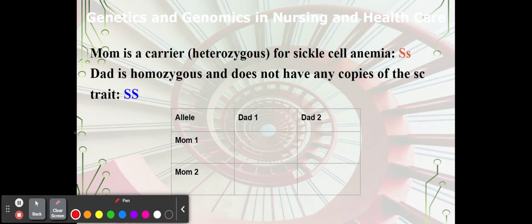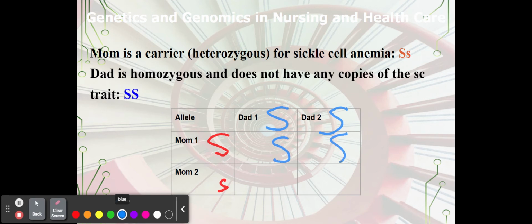So we have a mom, she's heterozygous for sickle cell anemia. She's got a big S, and that's normal hemoglobin, and she's got a small s, and that's the sickle-shaped hemoglobin. Dad is homozygous dominant. He has all normal hemoglobin genes.